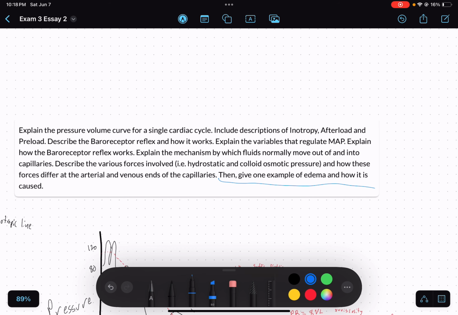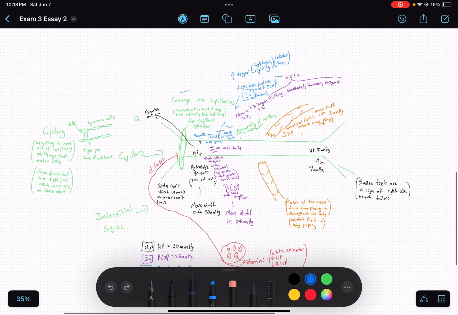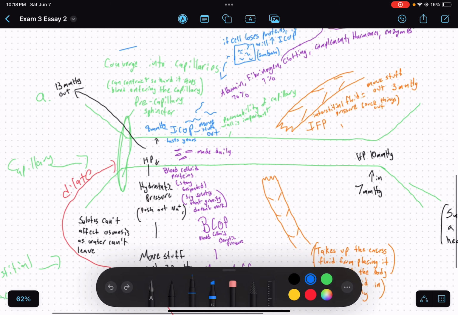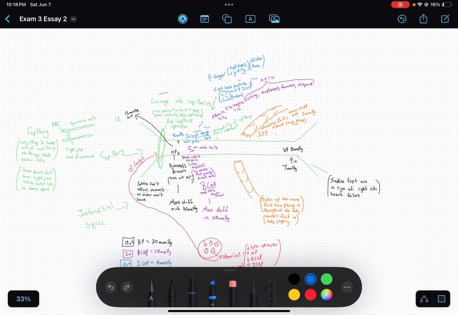It says give one example of edema and how it is caused. So with edema, basically what's happening is your lymph is not able to make up for the extra pressure, the extra fluids that are building up outside.